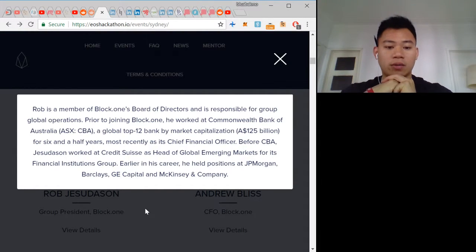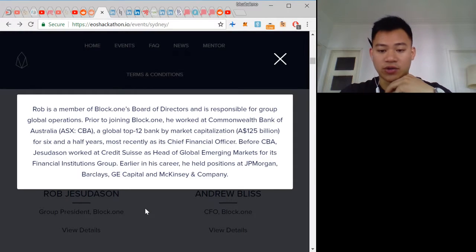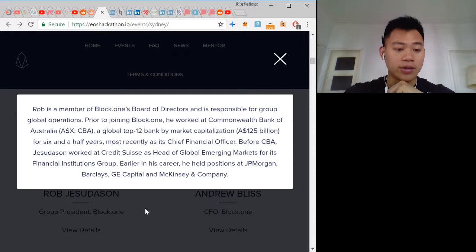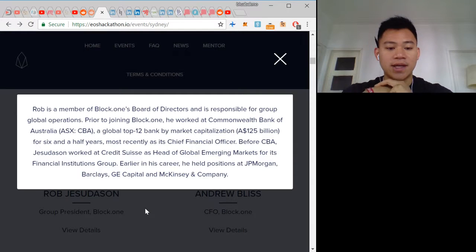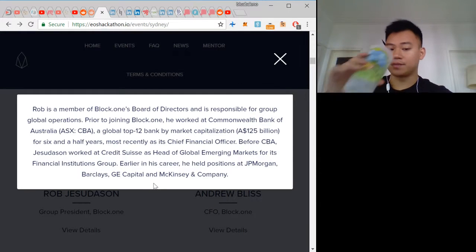Prior to joining Block.one, he worked at Commonwealth Bank of Australia, a global top 12 bank by market capitalization, 125 billion Australian dollars, for 6.5 years, mostly as its chief financial officer. Before CBA, Judison worked at Credit Suisse as head of global emerging markets for its financial institutions group. Earlier in his career, he held positions at JP Morgan, Barclays, GE Capital, and McKinsey and Company.